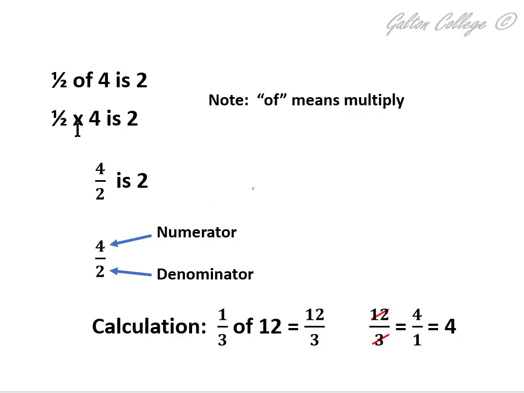So what we're doing is multiplying a half by 4 to get 2. And that's the same as 4 times 1 over 2. 4 times 1 is 4 over 2. Now divide the 4 by the 2 and you get 2. So a half of 4 is 2.